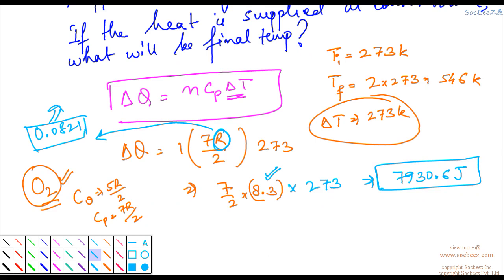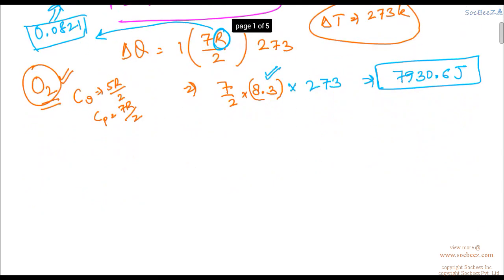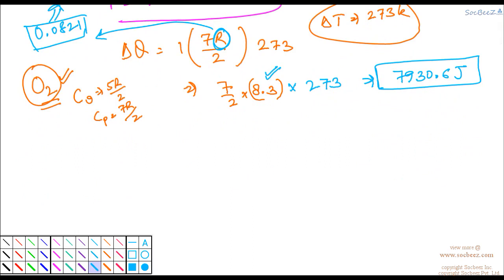So this is the amount of heat energy that must be supplied at constant pressure in order to double the temperature. Now if we supply the same amount of heat at constant volume, delta Q is equal to delta U plus W, where work is 0. So delta Q supplied is 7930.6.